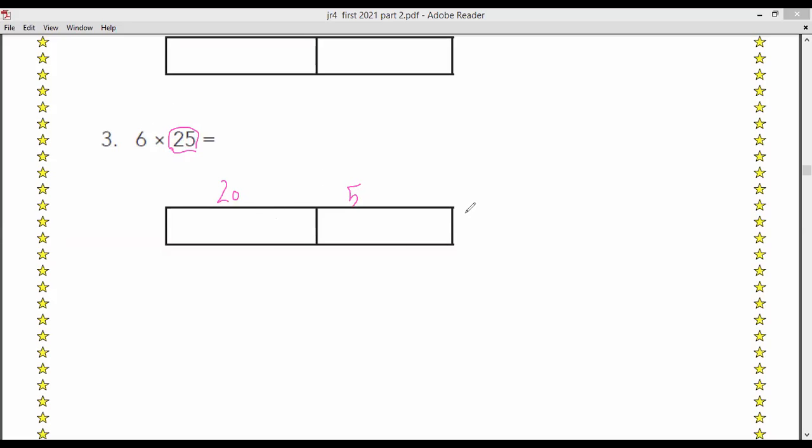First I should write this 6 where? In the width of the rectangle. Okay, I write here 6. So now let's do it. 5 times 6 equals 30. Thank you.